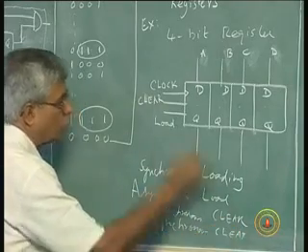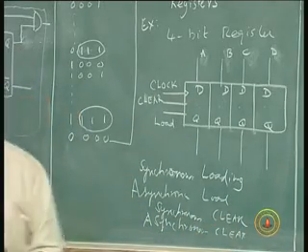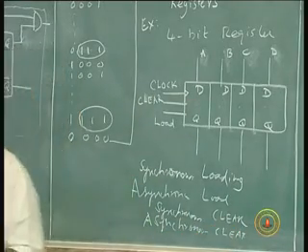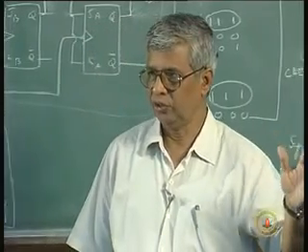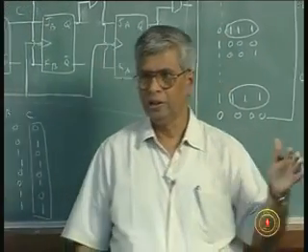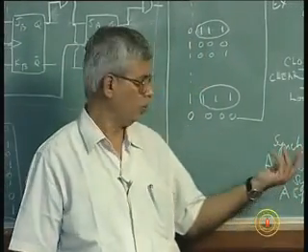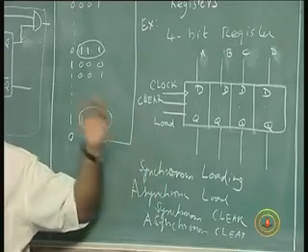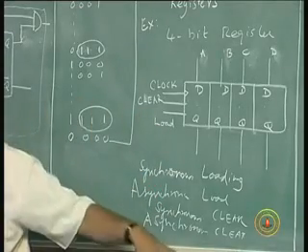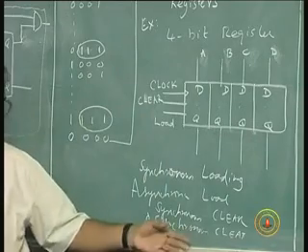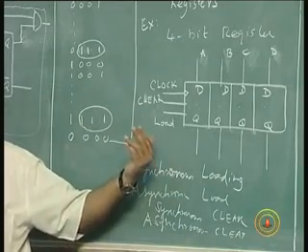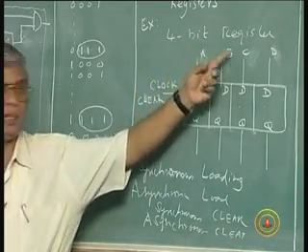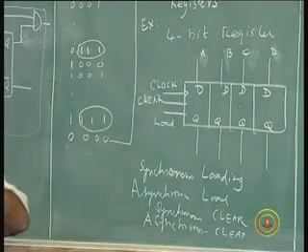Clear removes the data. Clear makes the data 0, 0, 0, 0. So I have this independent control. Anytime I want to remove the data or make it zeros, I can use a clear input, and automatically, irrespective of what is there on ABCD, all the flip-flops will assume zeros.